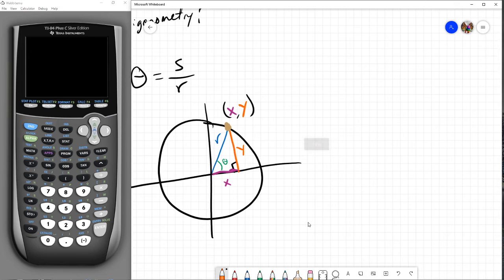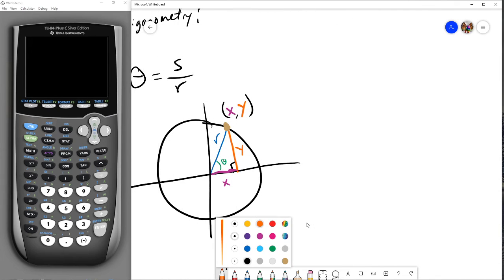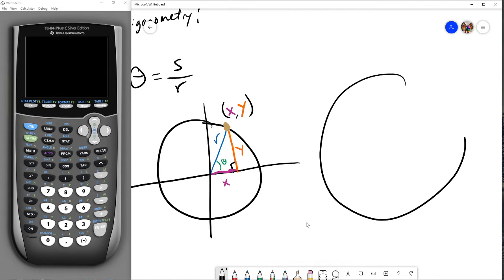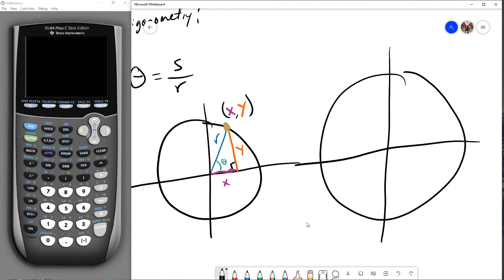Okay, so if this is one circle, we could draw a second circle that's bigger, noticeably bigger in this case. And here's the radius, this we'll just call R2. Here's the same angle though. We can draw a right triangle like last time. So this will be y2, this will be x2.